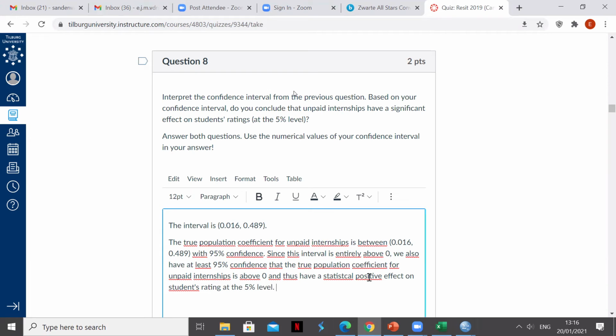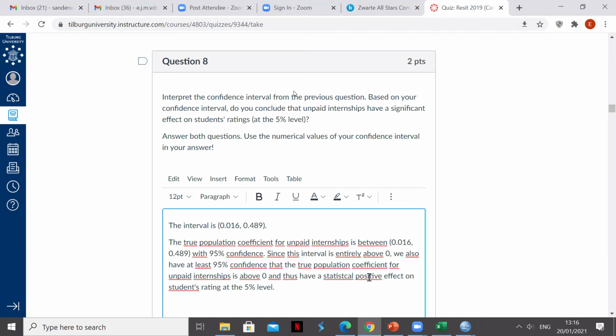So you give your interval, you say that it's between it, and then you say it's above 0. So we also have at least 95% confidence, etc. It could be also that it's below 0, and then you'd say we have at least 95% confidence that it's below 0. If it's between, then you cannot conclude whether it's a positive or negative effect.